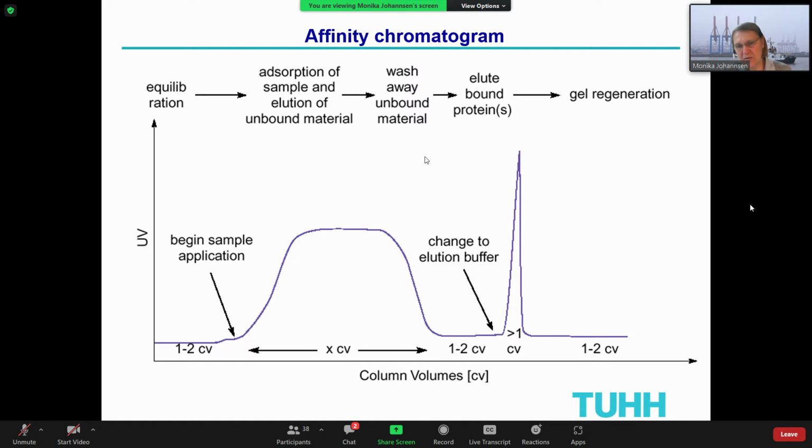So we wash away everything which is unbound, and then we have to change the elution buffer to change the interaction, and then our target protein will elute as a relatively short peak. And after that, we also need a regeneration.